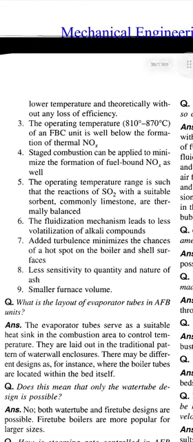The fluidization mechanism leads to less volatilization of alkali compounds. Added turbulence minimizes the chances of a hot spot on the boiler shell surfaces. Less sensitivity to quantity and the nature of ash. Smaller furnace volume.